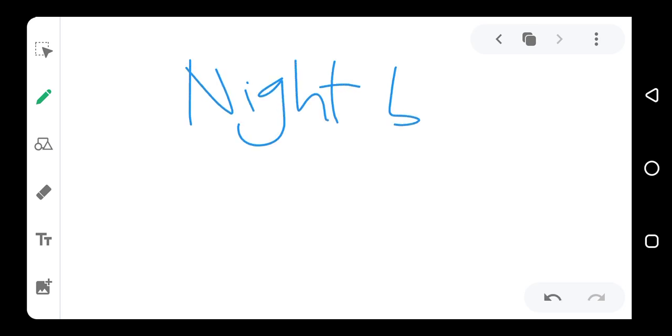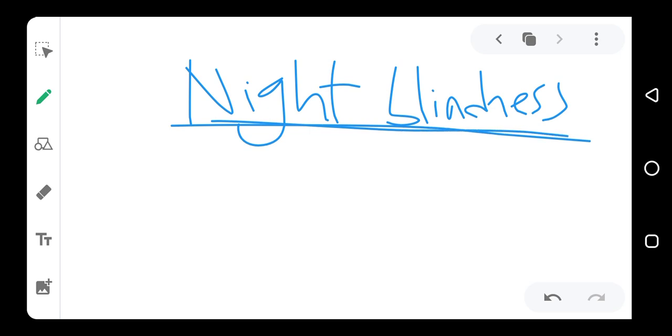Now, let's talk about night blindness. Night blindness is an eye condition or a disease of the eye in which the person suffering it will not be able to see clearly at night.